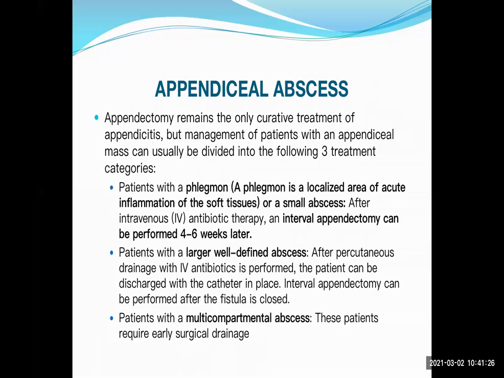Why disturb that at this moment? Some surgeons argue like that. That's why they say we have to wait for 6 weeks for everything to settle down and then go for interval appendectomy after 6 weeks. This is called interval appendectomy because there is a certain interval between the presentation and the surgery.